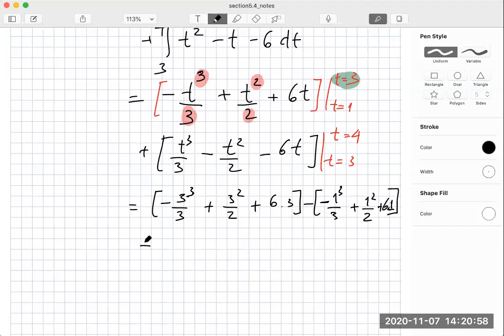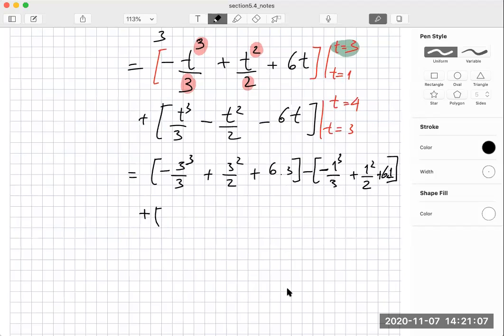Then we continue with the second integral here, plus. So can anyone help me here? Rami?